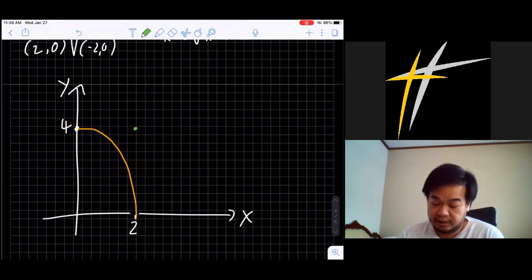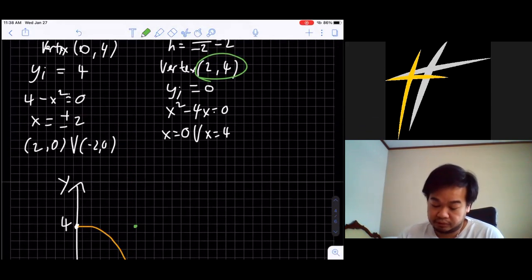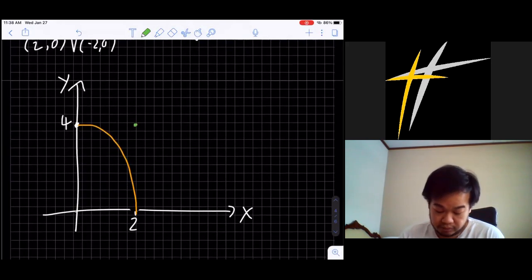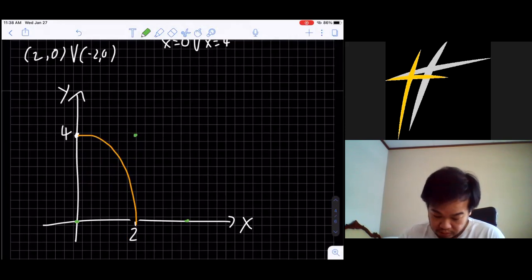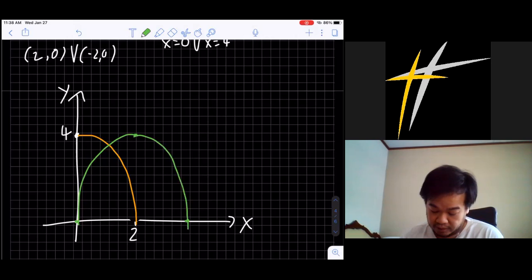And then the y-intercept is 0, so it goes through the origin, and then 0, 4. So this is your second quadratic function, and the a is also negative, so it opens downward also.